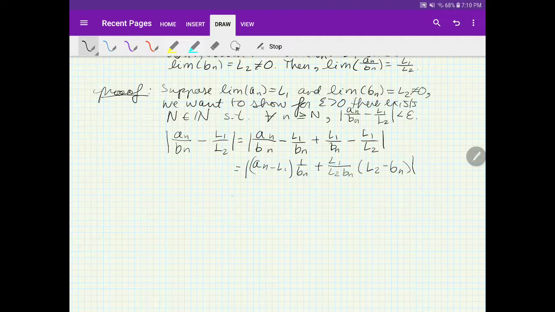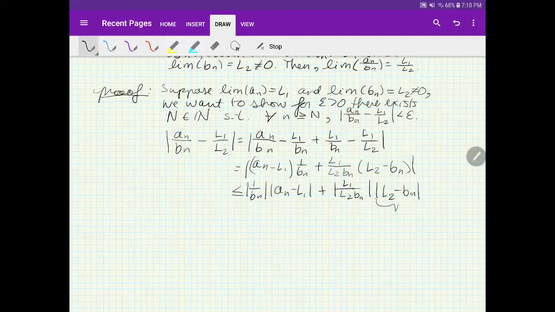So then we're going to use the triangle inequality to say that this is less than or equal to 1 over b sub n times the absolute value of a sub n minus L1 plus L1 over L2 times b sub n times L2 minus b sub n.